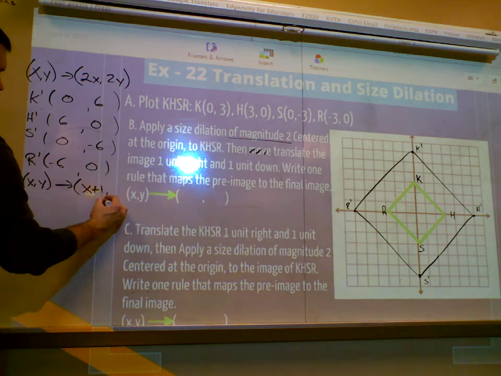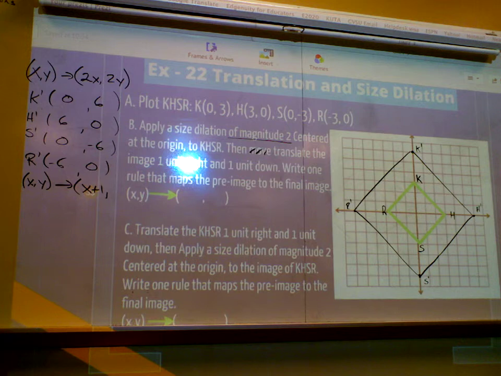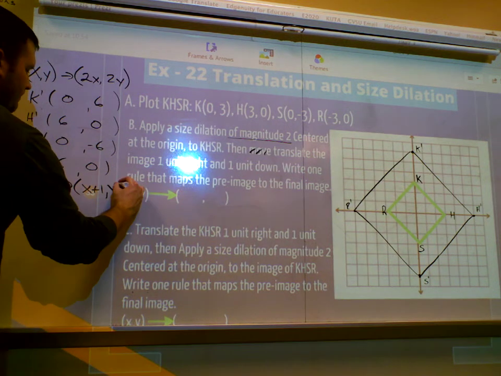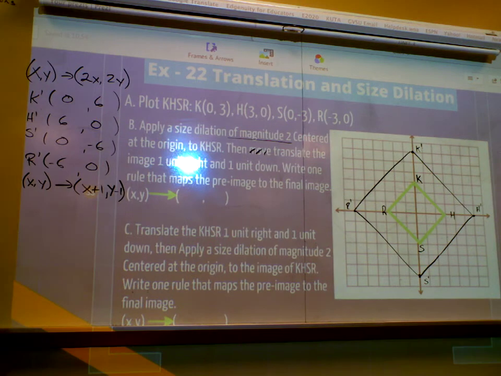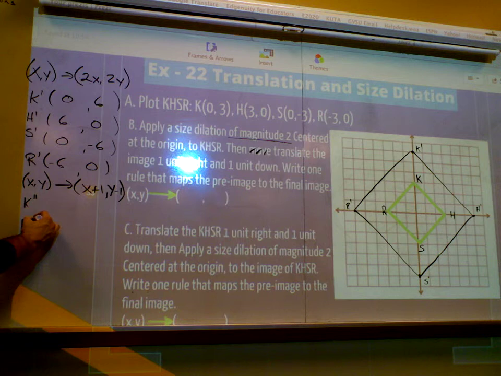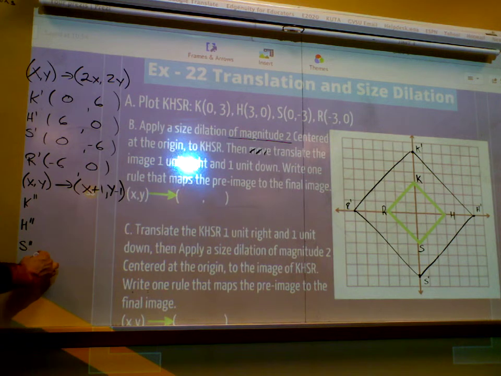Add. So x plus 1. Down, what does that mean? Subtract from y. So now I'm going to take this transformation and apply it to these points. Since I'm applying to these points, these are my second image, aren't they? So I'm going to write K double prime, H double prime, S double prime, R double prime.